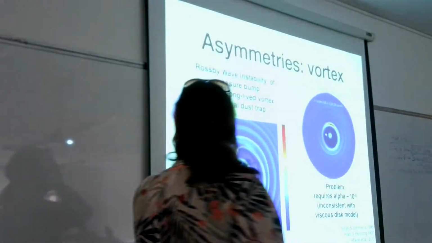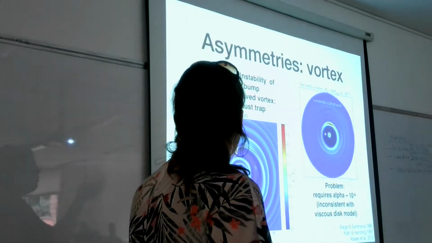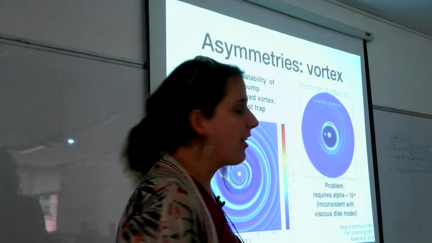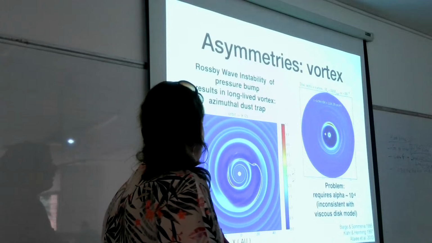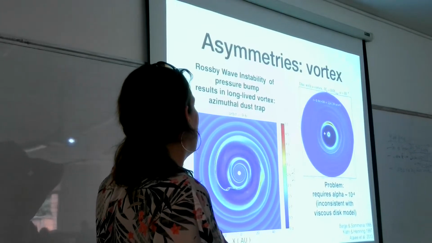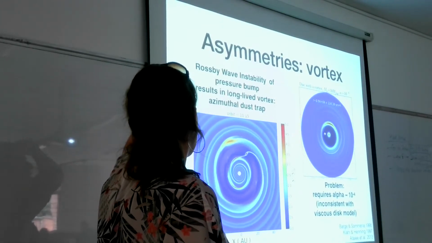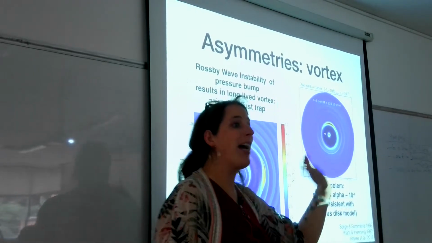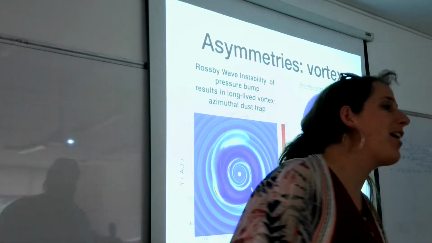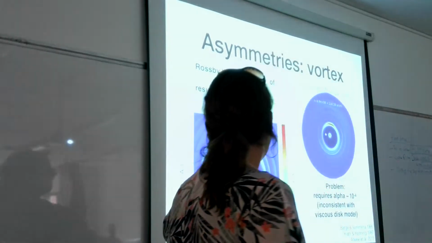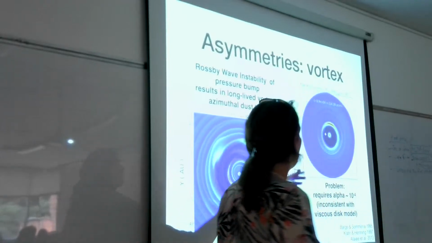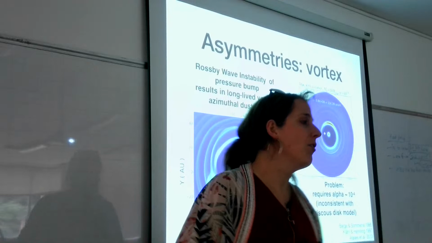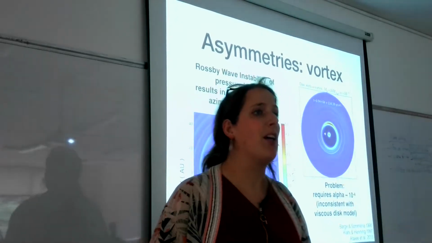So the main explanation of these asymmetries I've already shown you. This was this idea of a Rossby wave instability that creates a vortex, and the vortex traps the dust in the azimuthal direction. The problem with this explanation, at least back in 2013 when we discovered IRS 48, is that this Rossby wave instability, or the vortex itself, only survives if the turbulence is low, if alpha is 10 to the minus 4 or below.